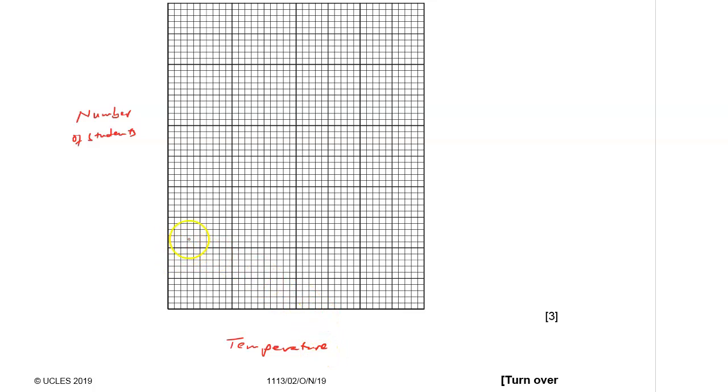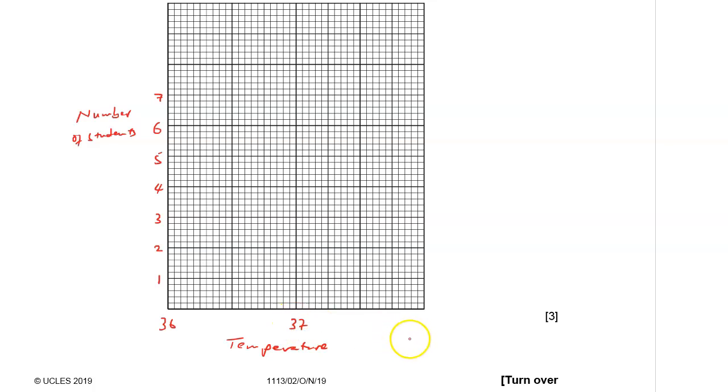The number of students goes from 1, 2, 3, 4, 5, 6, and 7. And then for temperatures, I'll start from 36, then 36.5, and I'll go to 37.